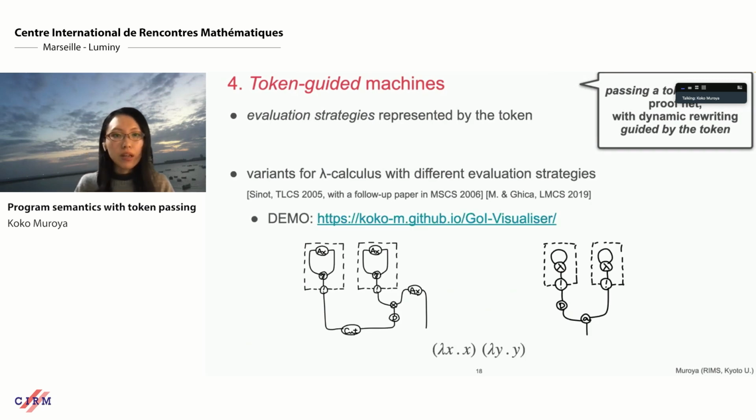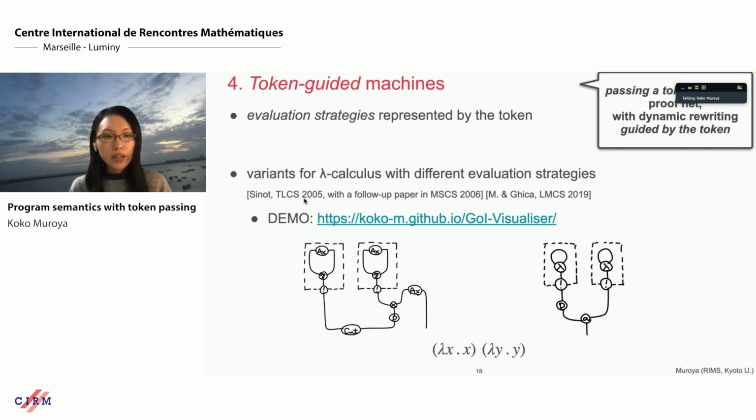So firstly, an important feature of token guided machines is that we can just amend the way the token interacts with nodes of a proofnet and represent different evaluation strategies. So this was actually first started by Sinot, who was a student, I think, of Mackie.